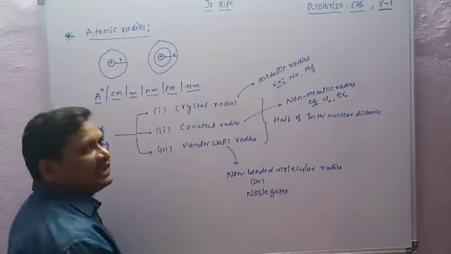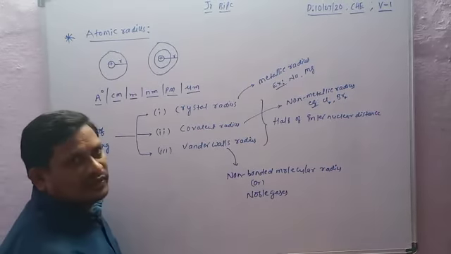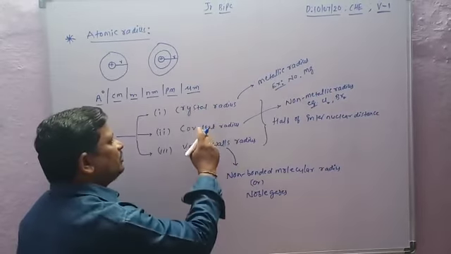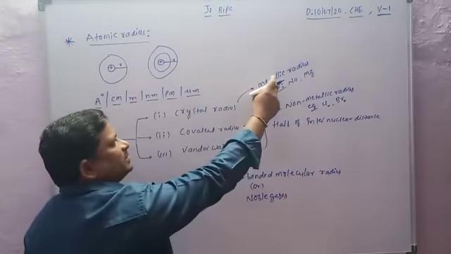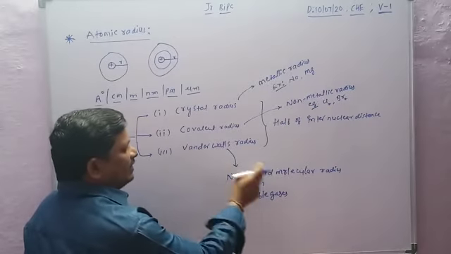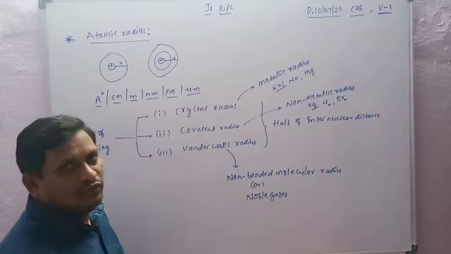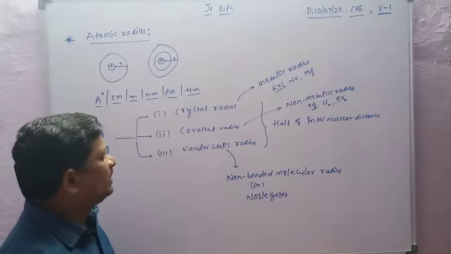So these are the three types of atomic radius based on nature of bonding. Crystal is metallic radius, covalent is non-metallic radius, and van der Waals is the non-bonded molecular radius present in noble gases.